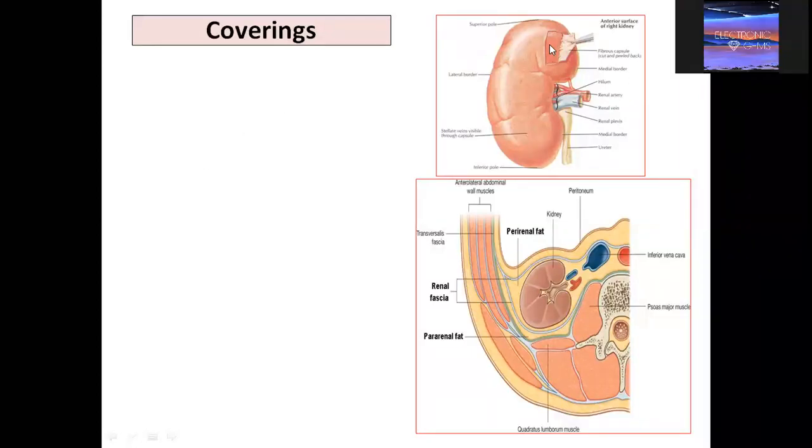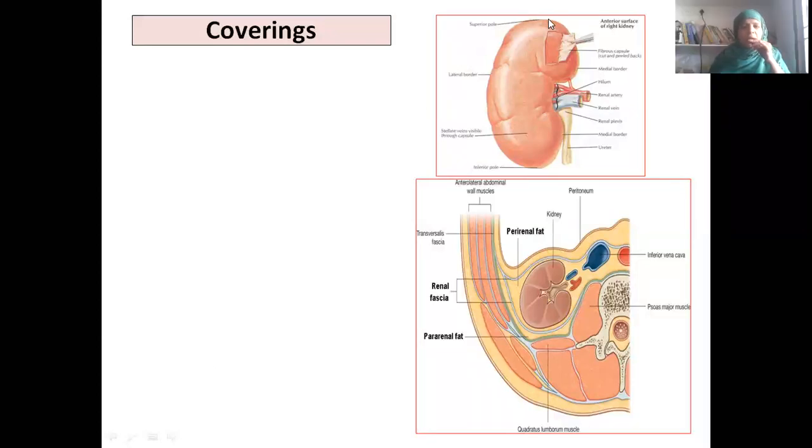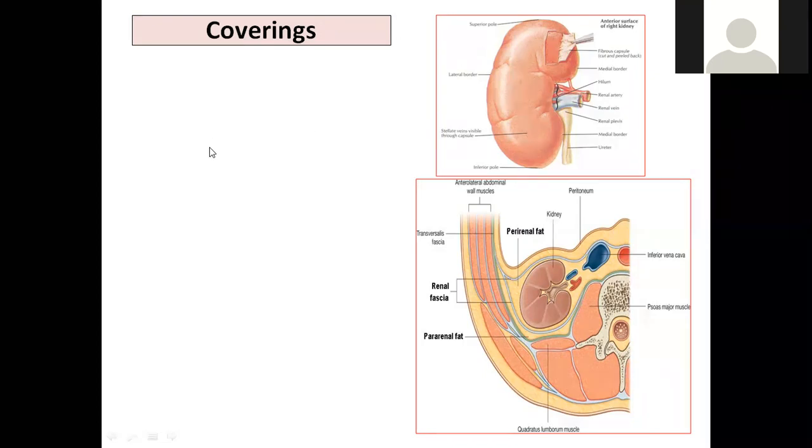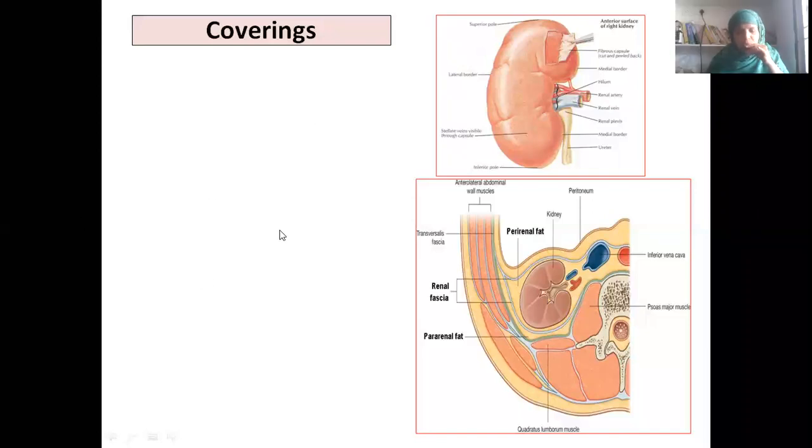Till now, whatever we have discussed were simple things: the kidney has an upper pole, lower pole, medial border, lateral border, anterior surface, posterior surface, hilum, and the VAP structures from anterior to posterior. But the coverings of the kidney you have to understand very clearly, because it itself can come as a 5-mark question, and it may take time to understand. I will go very slowly.